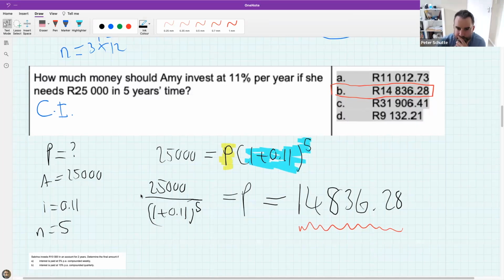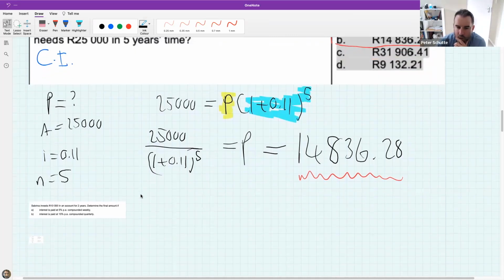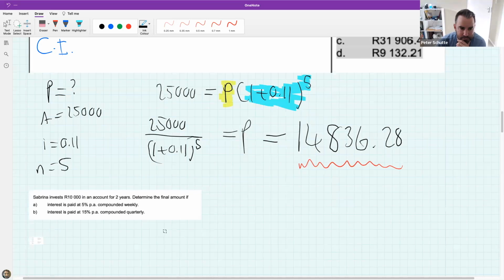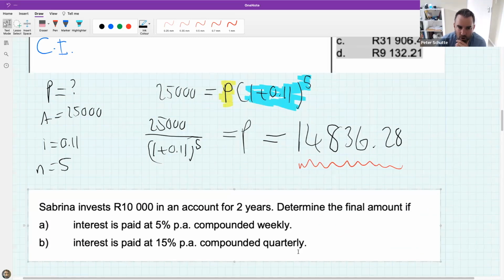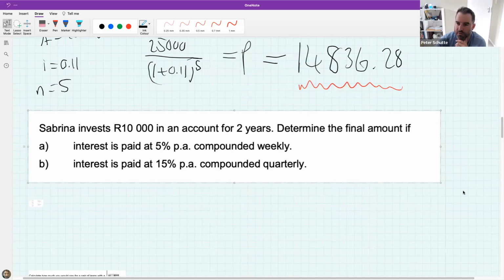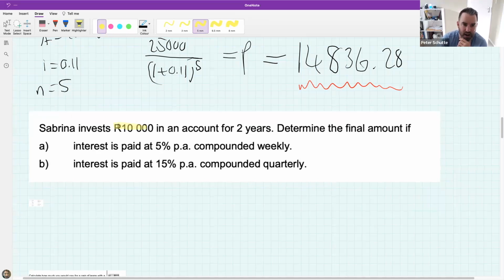Fantastic. Okay. Well, then what I think we need to do is a little comparison question. We're given two different deals, two different options. Both options start with 10,000 rand in the bank, and they stay there for 2 years.